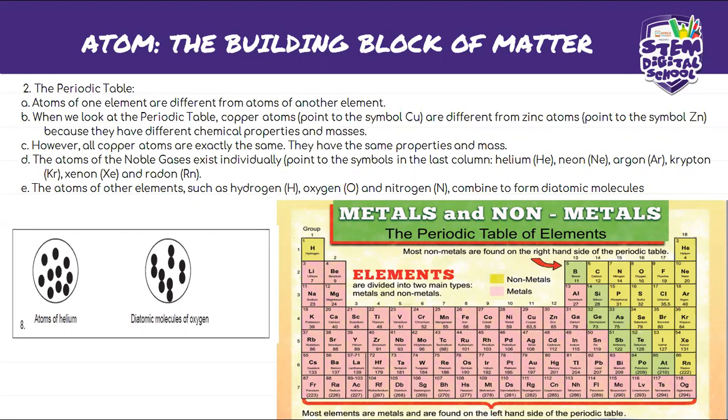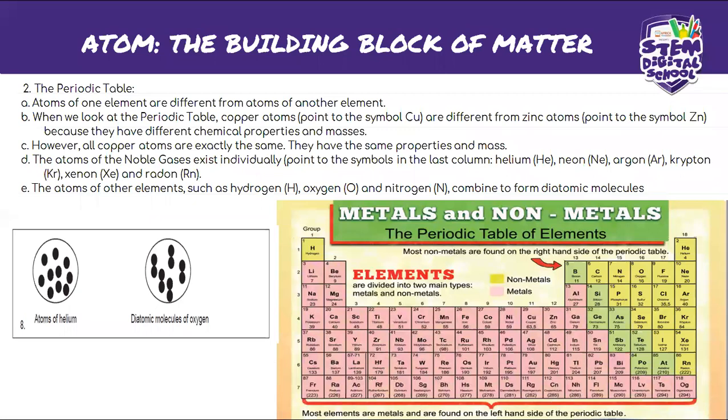So we are going to look at the periodic table now, and we see the different types of atoms that are not the same. We will also look at the different types of elements that can come together to give you a molecule. Then we can also see the protons that are found in the nucleus of atoms, located on the periodic table. Okay, just to give you a background.